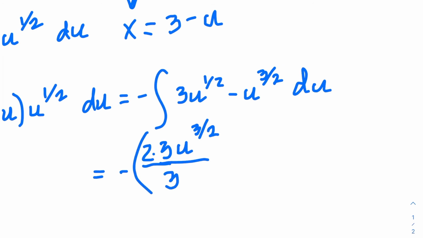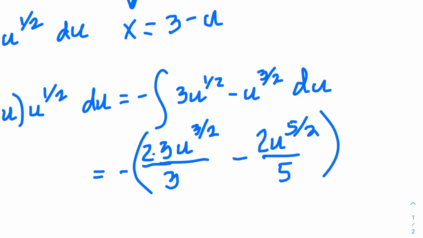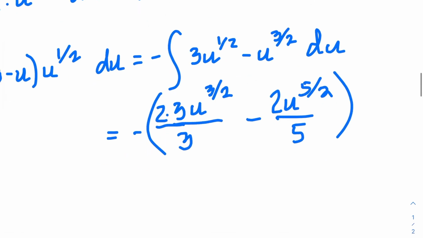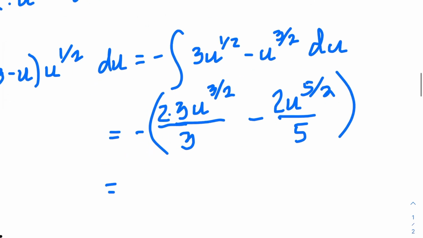And we'll see that those are going to cancel out. And then minus u to the 5/2, and then divided by 5/2 would be times 2/5. So that's our integral. And now we can distribute our negative, cancel terms out, and clean this up a little bit.